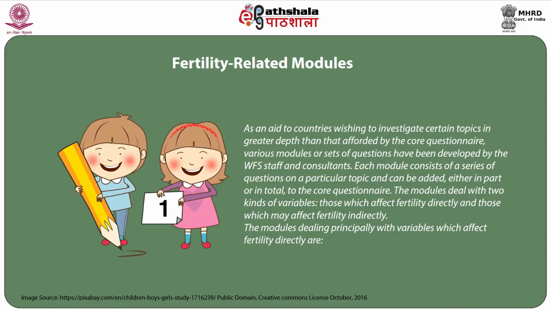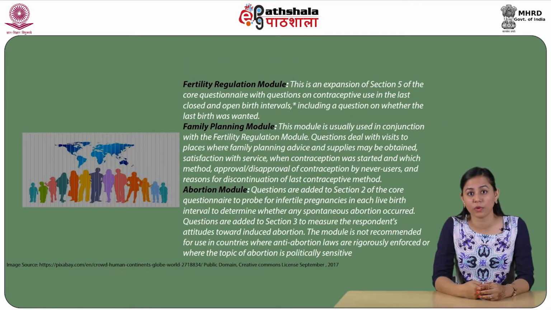The modules dealing principally with variables which affect fertility directly are, first, the Fertility Regulation Module. This is an expansion of section 5 of the core questionnaire with questions on contraceptive use in the last closed and open birth interval, including a question on whether the last birth was wanted. Family Planning Module.